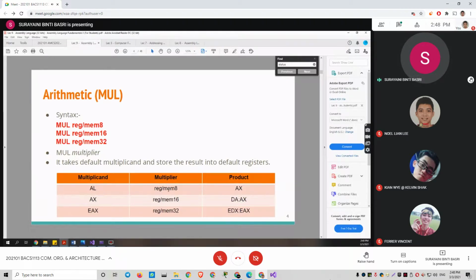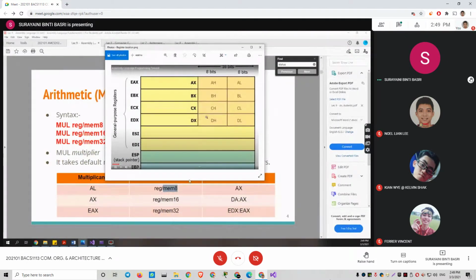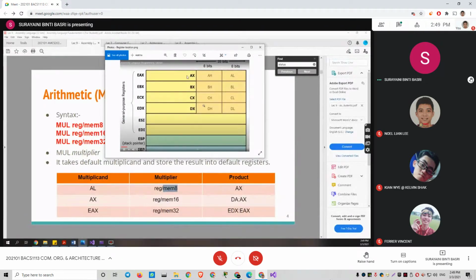For 8-bit numbers, when we do multiplication, the result will be stored in AX. Why in AX? Because AX is 16-bit, right? But our number is 8-bit, so why is it 16-bit? Because the multiplication of two 8-bit numbers will become at most 16-bit, like Mr. Bharat Acharya told us just now. Okay, if you don't understand, it is here, AX.